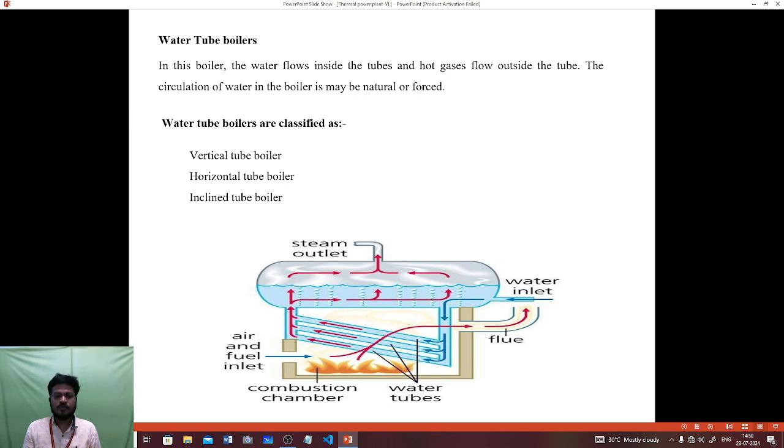The water enters from a feed water pump and is sent to the inclined tubes, where the heat is transferred to the tubes and the water. The water is heated and then sent to the steam outlet for heating purposes, and the burnt gases are sent out through the flue gas chamber from the combustion chamber.